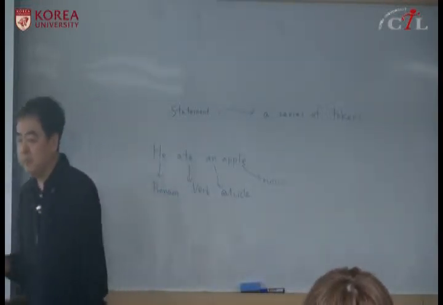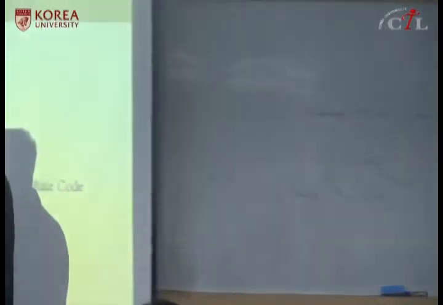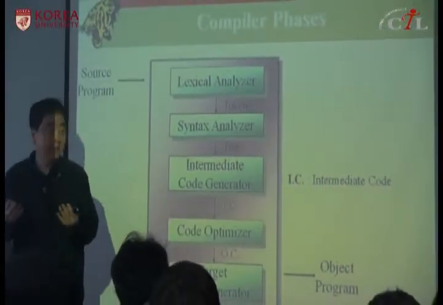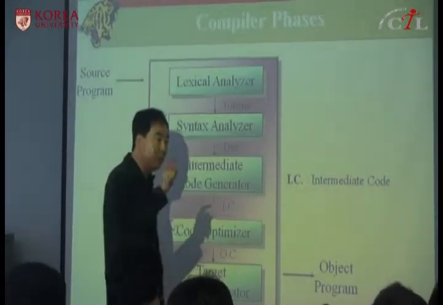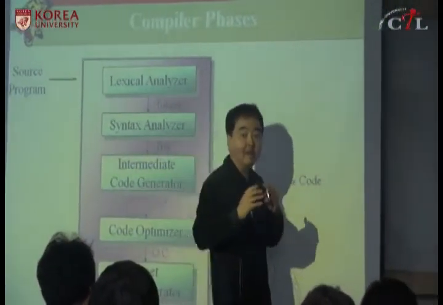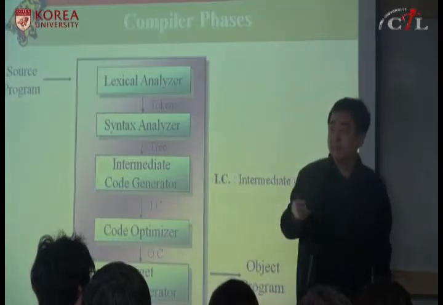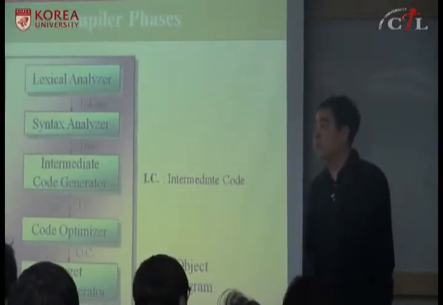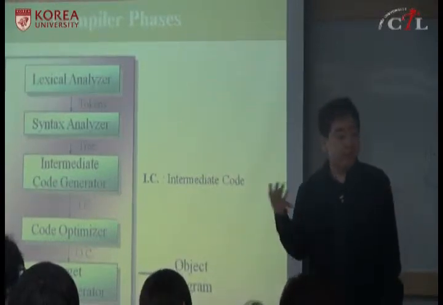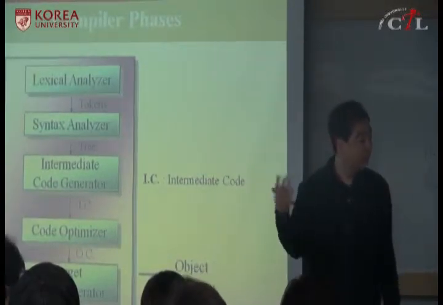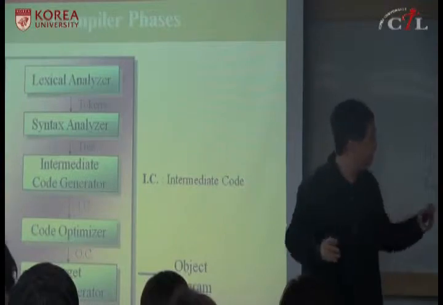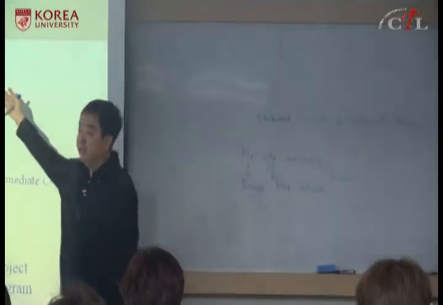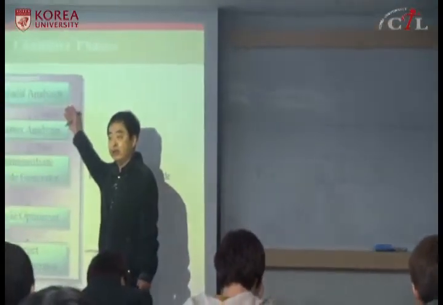So maybe for a for statement, for is a keyword, i is a variable or identifier, equal or colon equal can be an assignment operator, 1 becomes a number, to becomes another keyword, 10 becomes another number. So it breaks down into a series of tokens. Okay? So this phase is called lexical analysis.